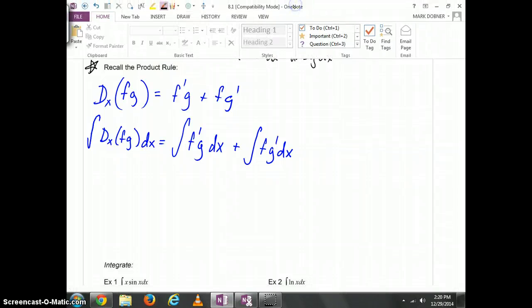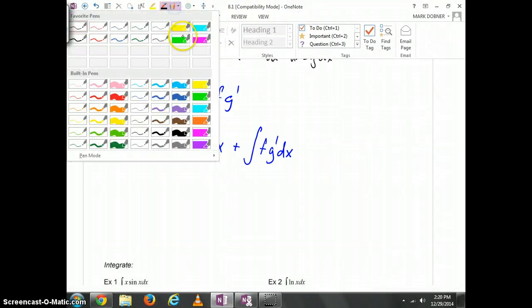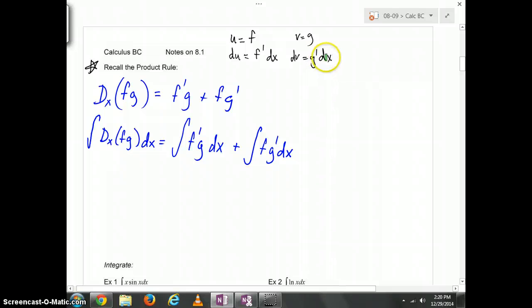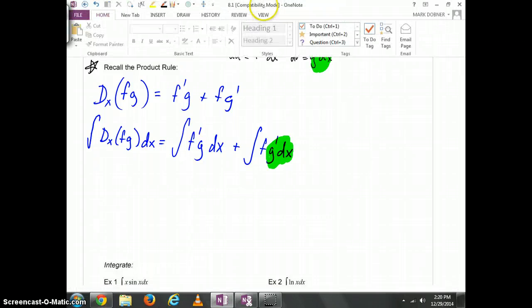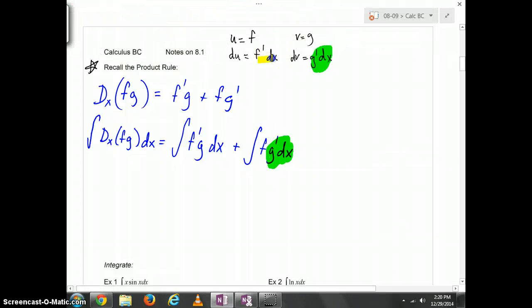Now, what I'd like to point out real quickly is we could take a look at g prime dx right here and say, oh my, look at this. We've got g prime dx likewise over here. I can take a look at f prime dx and very quickly notice that I have an f prime dx in this other integral.